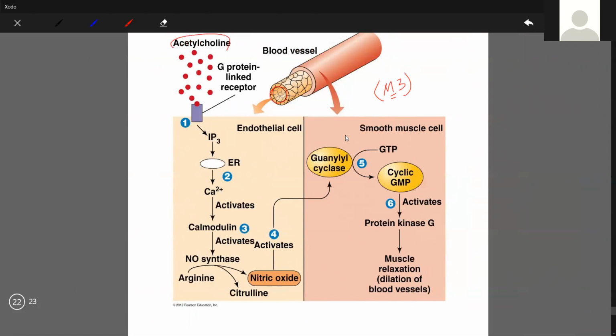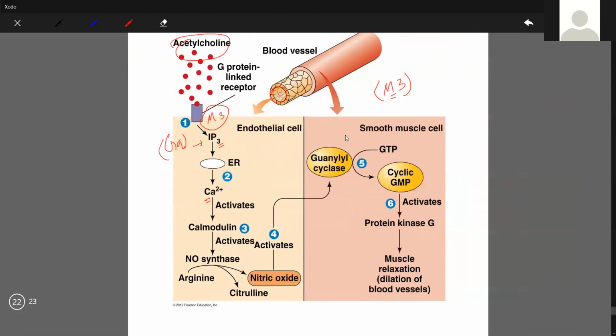And acetylcholine, when it binds to the M3, it leads to action of the GQ coupled receptor because M3 is a GQ coupled receptor. Now, this GQ coupled receptor works as it is. That means it will work through the IP3 and DAG. But here, they are not showing the DAG part. Maybe that is not that significant here. Only the IP3, and that leads to release of calcium.